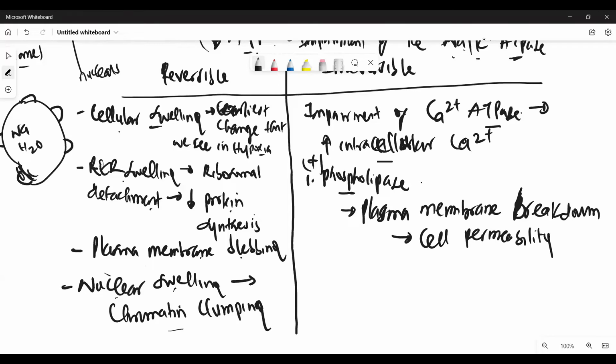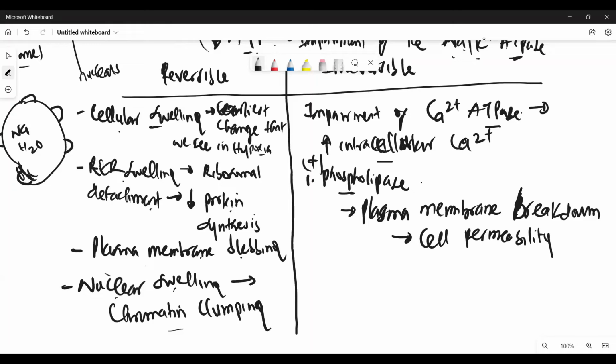Depending on where this cell is, if this is cardiac muscle, whereby the cell membrane is permeable, all those troponins inside the cardiac muscle will start going to the blood, leading to elevated troponin. If this is in the liver, all those AST, ALT, the transaminase enzymes, will also escape into the blood. They will be elevated inside the blood. So that's how we know that the liver is dying.